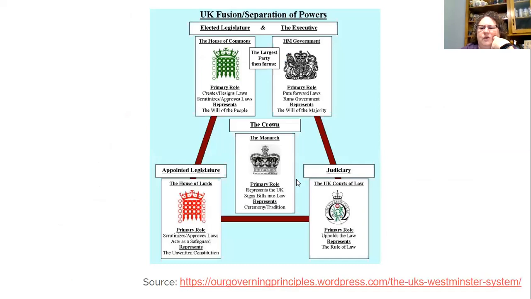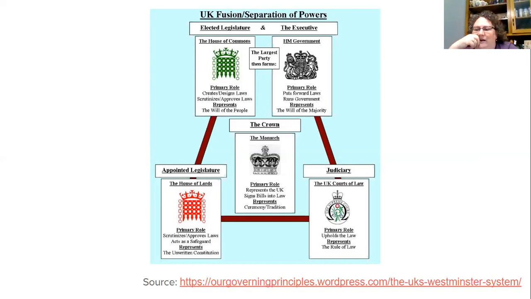Then this one is for the UK. Just the idea that we have the elected legislature who chooses the prime minister. At the center, of course, you have the monarch. HM stands for Her Majesty's Government. So remember that the prime minister actually has to ask, the queen asks the prime minister to form a government on her behalf.